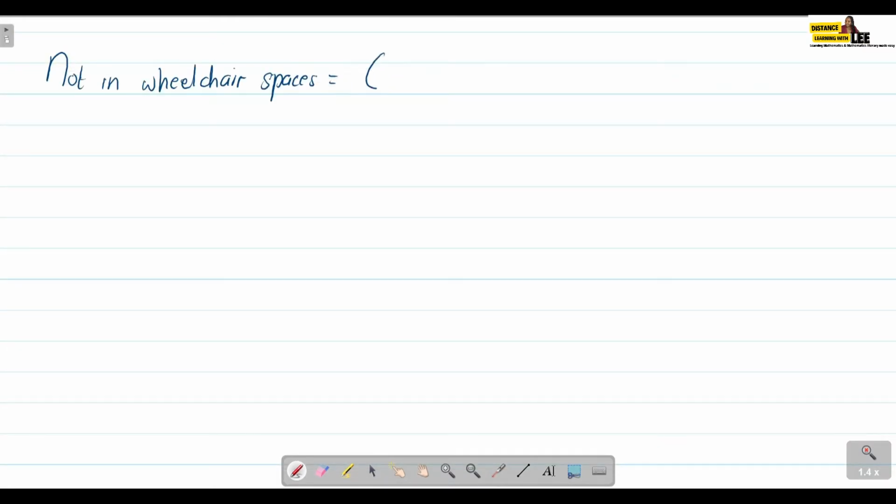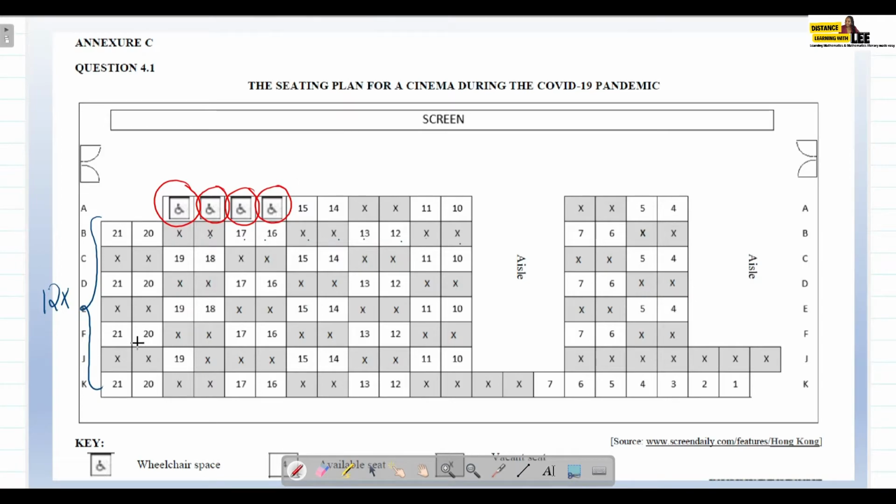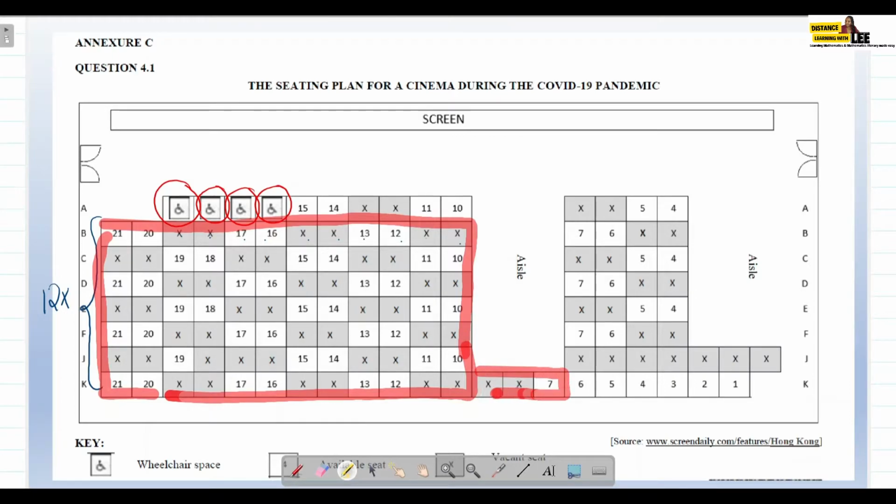Okay, so we're just calculating the not in wheelchair spaces. So like I mentioned, we're going to say 12 multiplied by 7. By taking your 12 and multiplying it by 1, 2, 3, 4, 5, 6, 7, we know that we've now already counted this whole area. Then we are going to say plus this 3 there.